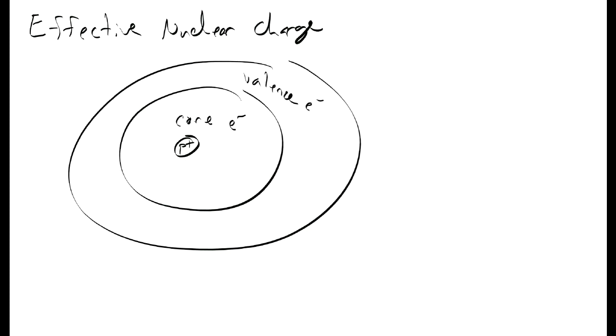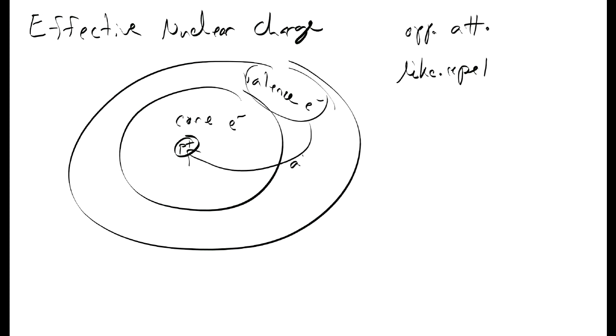Now, the thing is, opposite charges attract, like charges repel. So these valence electrons are attracted to the nucleus, but they're repelled by the core. So there's kind of two different forces at play there.